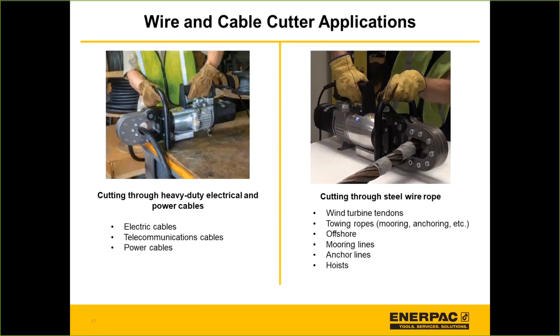On the left, you'll see cables, and when we say cables, what we're talking about is your electric cables, telecommunication cables, and power cables, okay? And when we talk about wire ropes or wires, we're talking about the types of wire rope you see on the right picture there, and these wire ropes are typically used for applications like hoisting or pulling and mooring. So two very different applications.